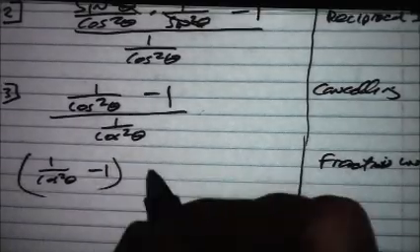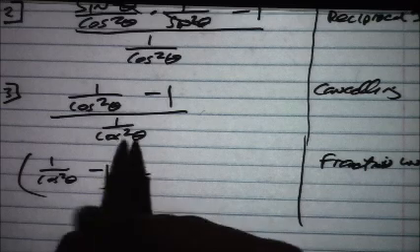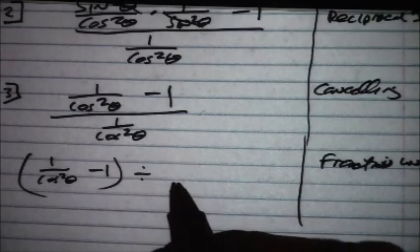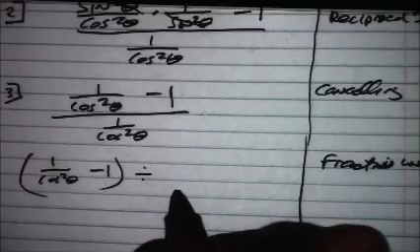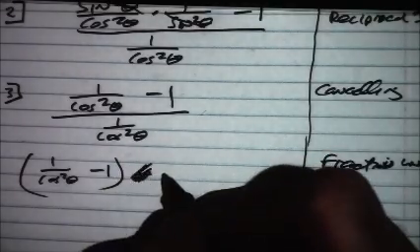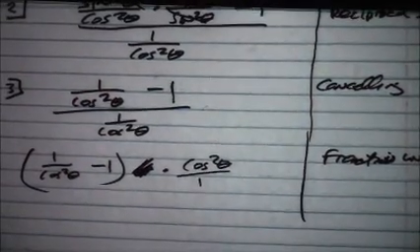So I'm going to do 1 over cosine squared theta minus 1, and I divide by 1 over cosine squared theta. But don't forget that if I divide by a fraction, I should be changing that instead to multiplying by the reciprocal of that fraction: cosine squared theta over 1, even though I really don't need that.